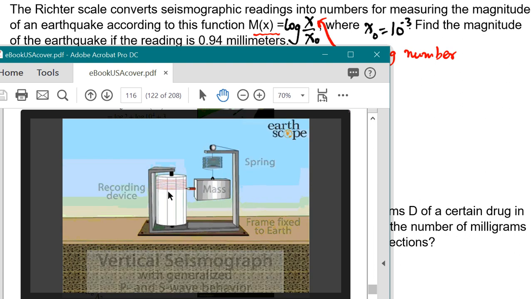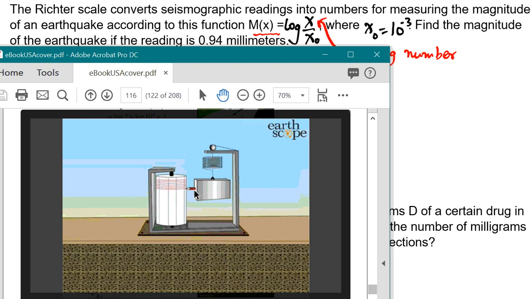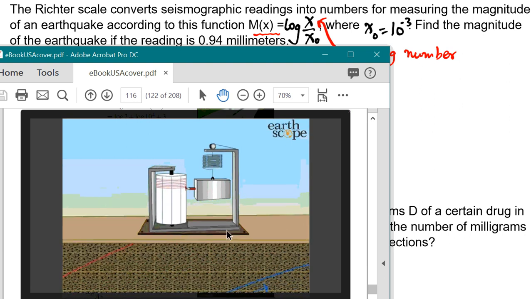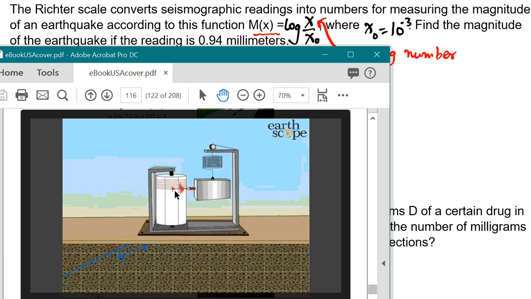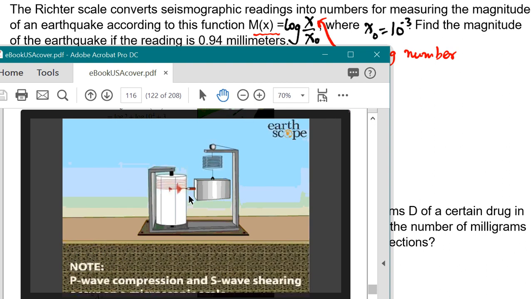Then comes an earthquake and it shakes, hitting the machine, and the pen marks the amplitude. You may measure this magnitude. That will be the reading, the value you get for x here.